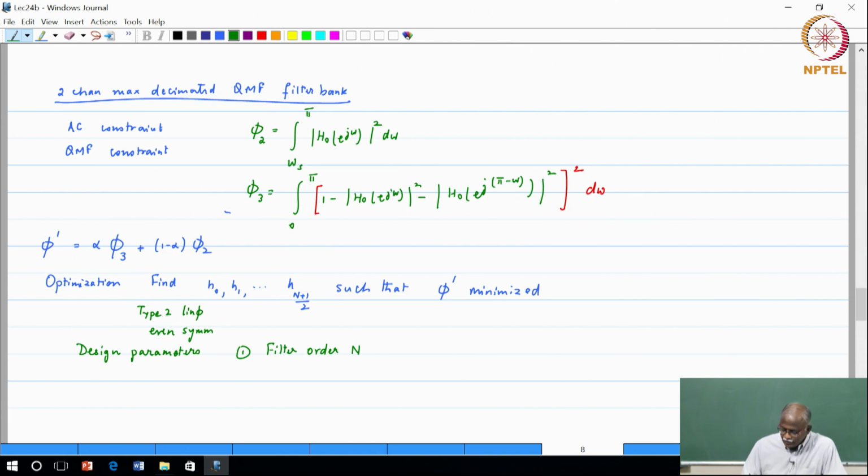The second design parameter that we have to specify is omega s, which is the stop band edge, because in your objective function that is the only one that is not yet specified; all the others get specified.